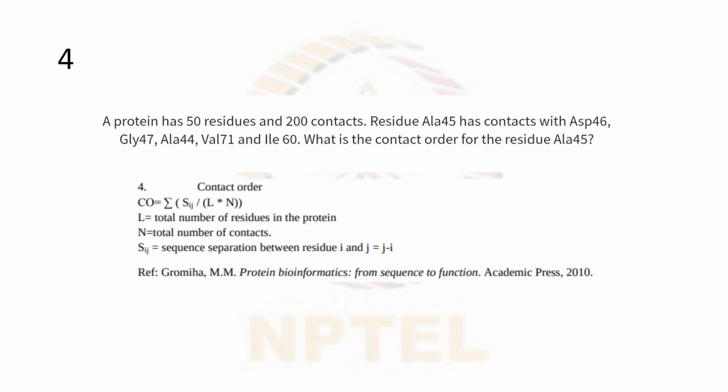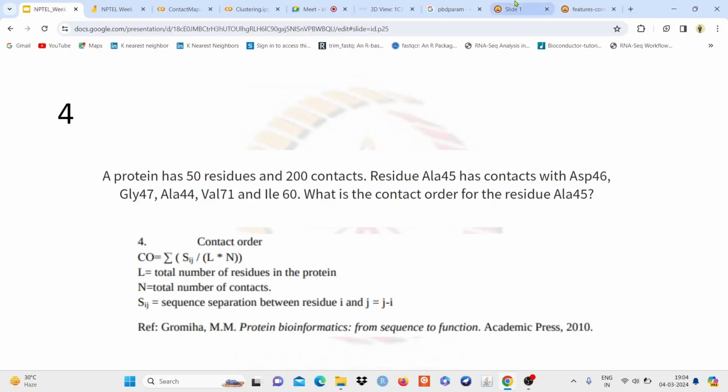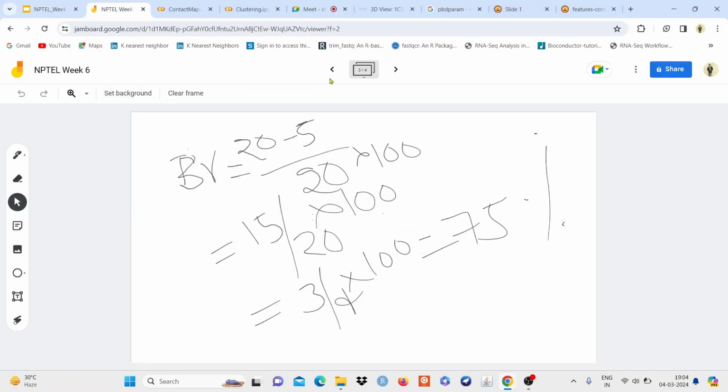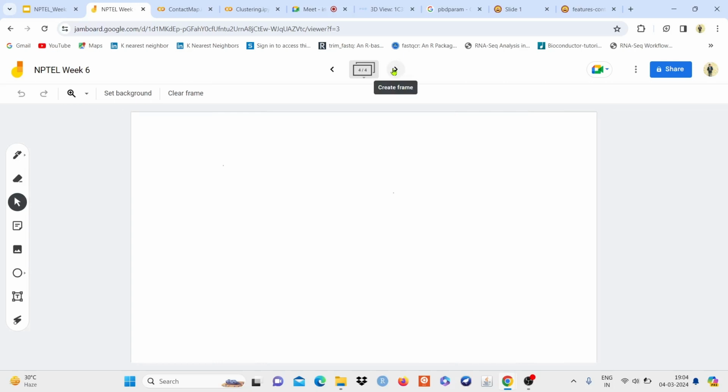Okay, let's try solving this. Given, the number of residues L is 50, and these residues form 200 contacts. Thank you for your answer, that is correct. When we see the sequence separation here, the first residue's sequence separation is 1, followed by the second residue's sequence separation of 2, that is 45 and 47.